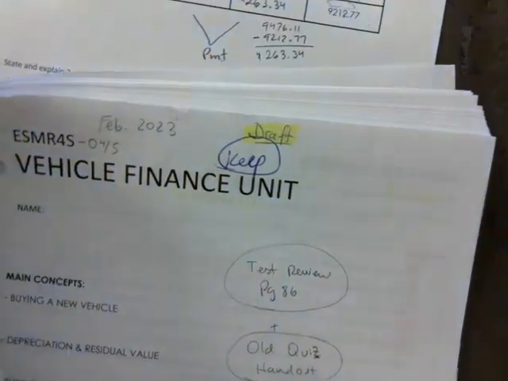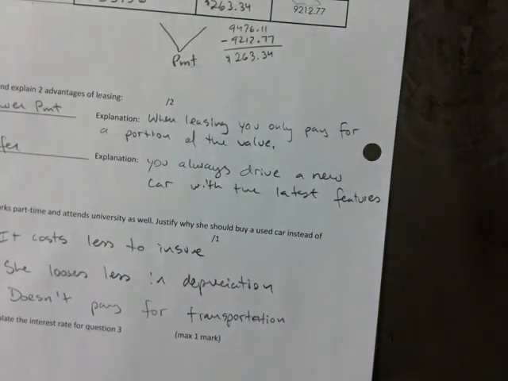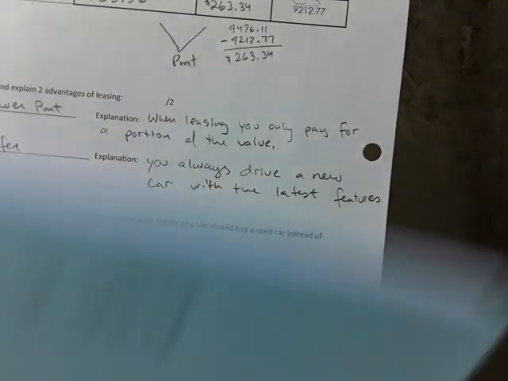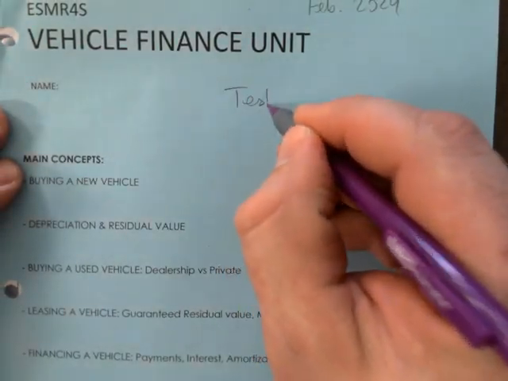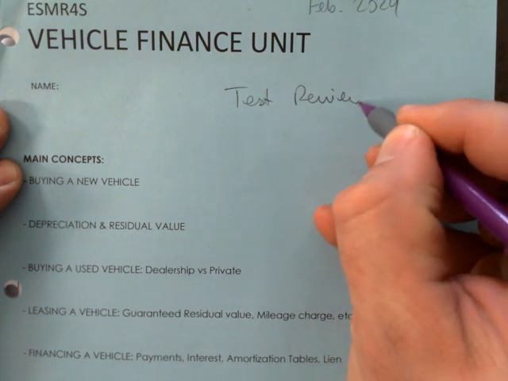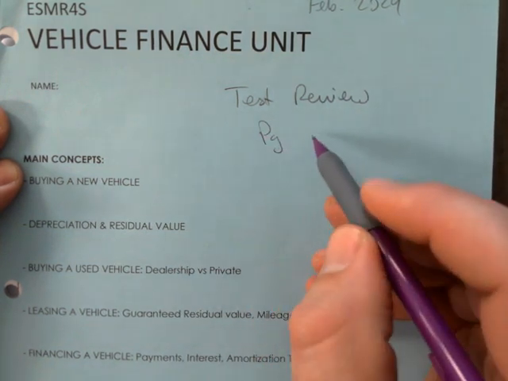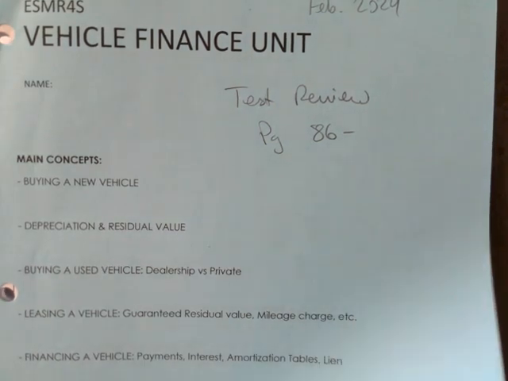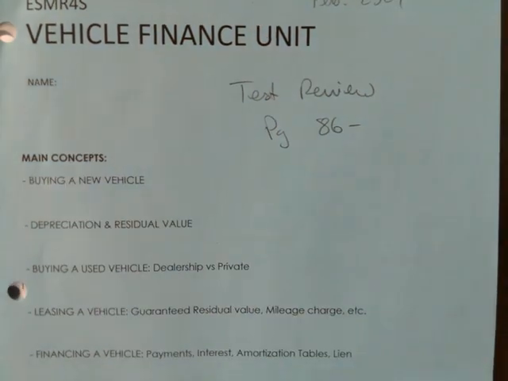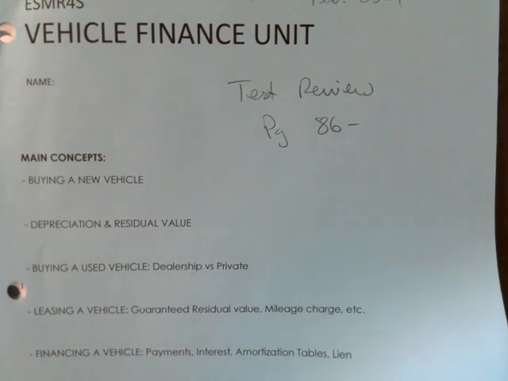Let's put it on the front of our booklet. Write it right at the front, because sometimes you might want to use that for test review. Page 86. I just want to make sure it lines up. Yeah, 86 to 92, I said. Yeah.